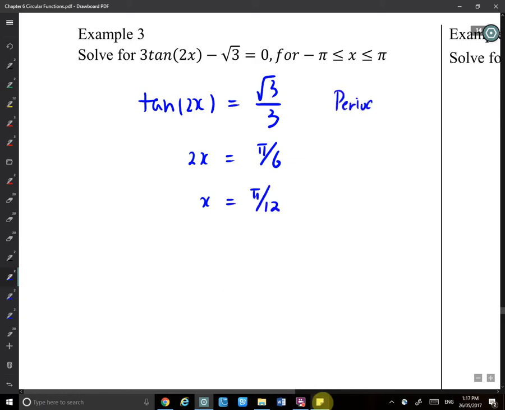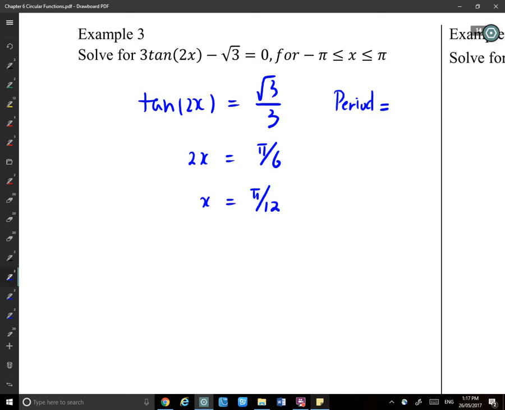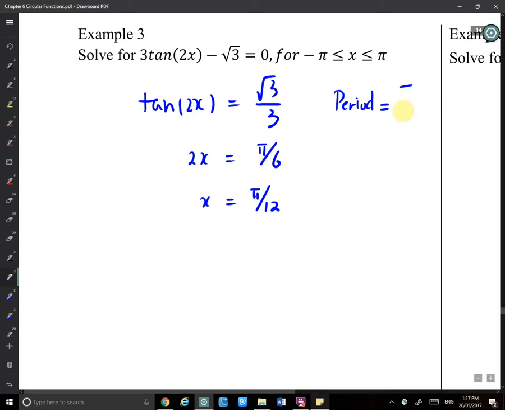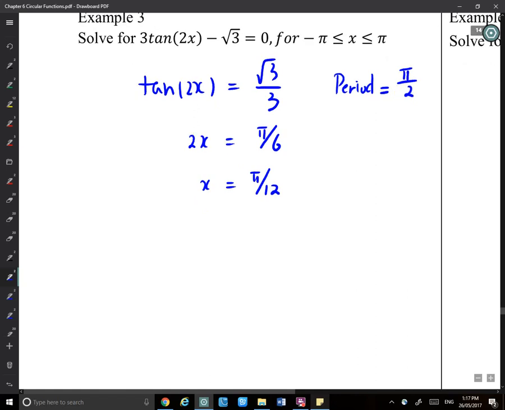The period. What's the period for this one? Pi over 2. Pi over 2 is the period.